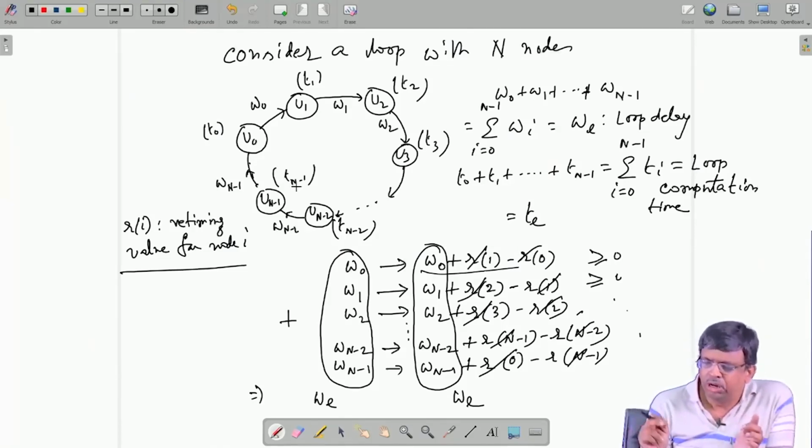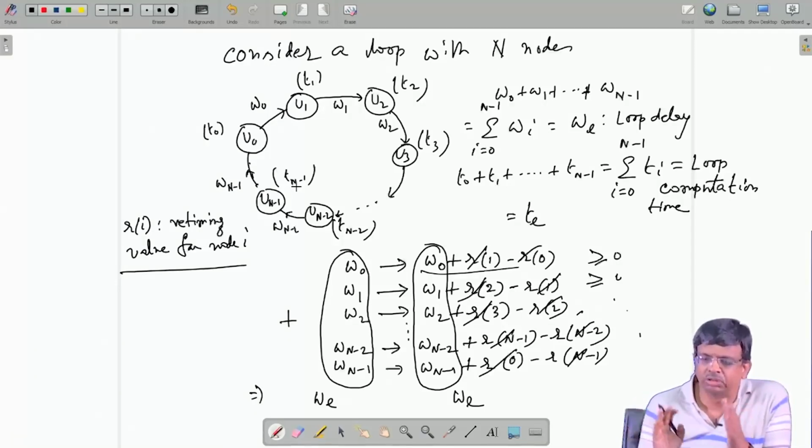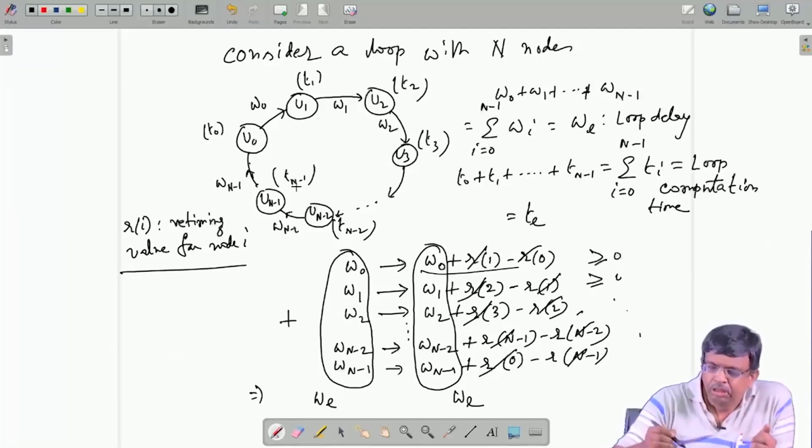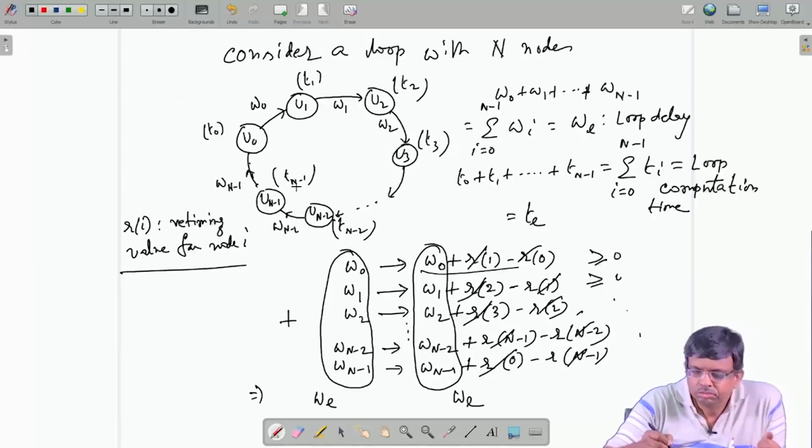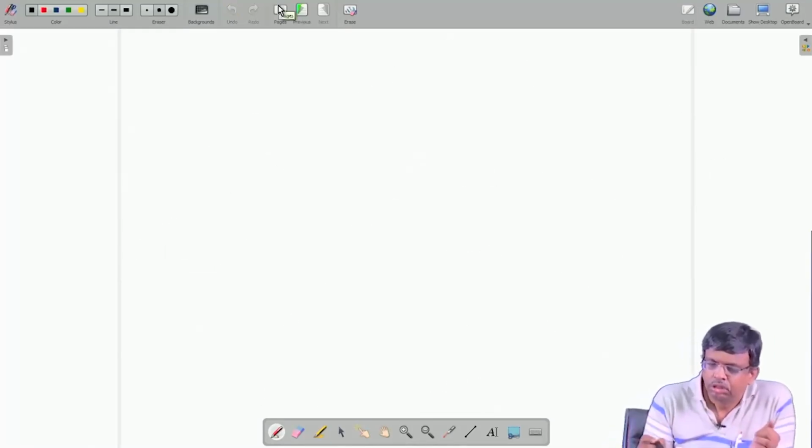So, I first consider a total processor which consists of first U0, then U1, then U2. That is, I am finding out how much is the net job I have to do. First I have to start with U0 processing, then U1, then U2, then U3. So, I build up a net super processor which carries out all the jobs. Then we examine. We start with U0. So, suppose this is that job.